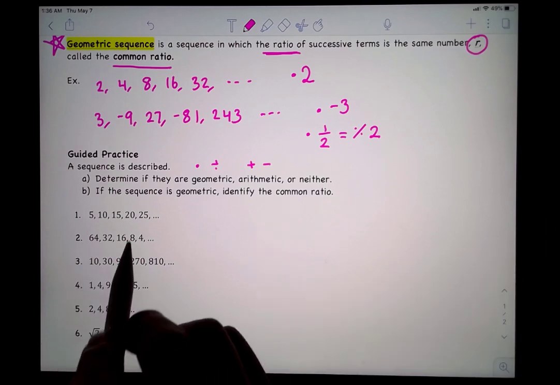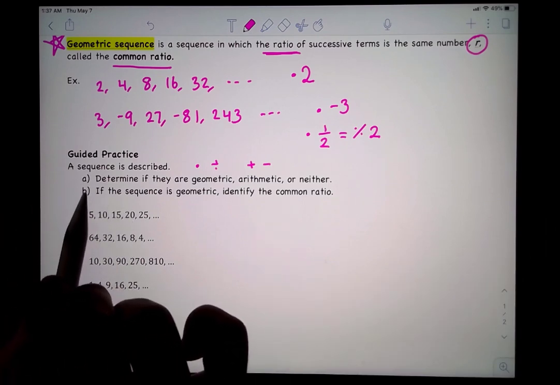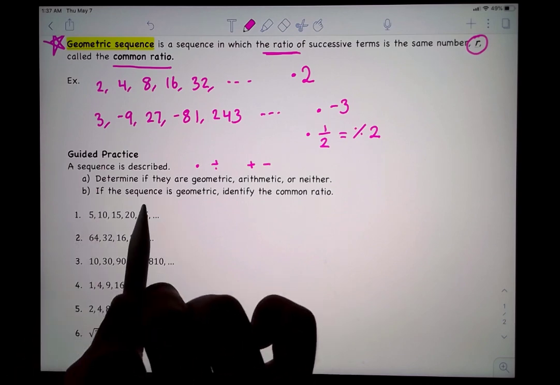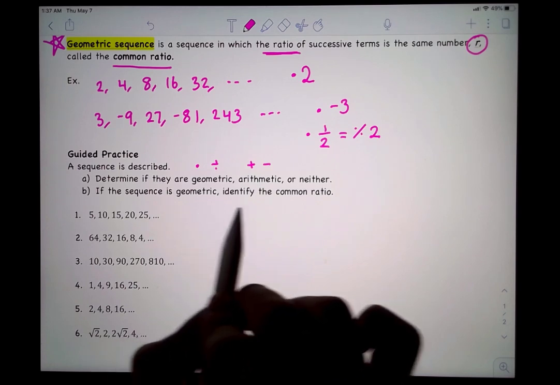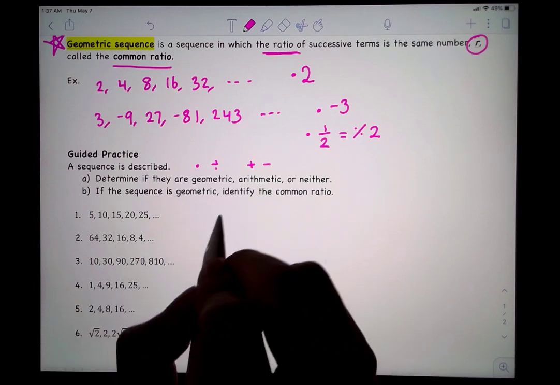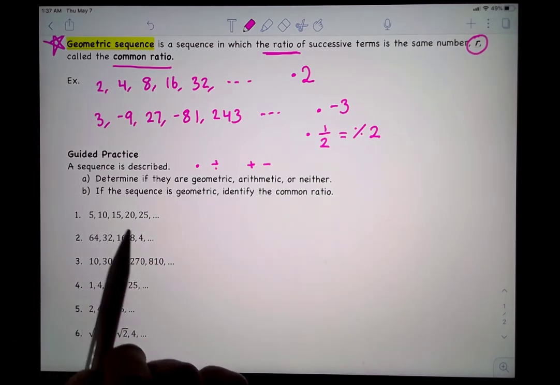All right, so let's look at the question. You have 2 different questions: you need to determine the sequence by name, and then if the sequence is geometric, you identify the common ratio. All right, so let's take a look. Number 1: 5, 10, 15, 20, 25.